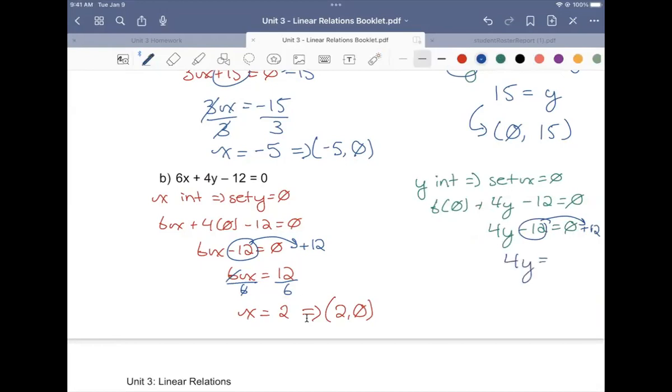So I will get 4y is equal to positive 12. If I divide both sides by 4, that means I will get y is equal to 3. So my y-intercept is 0, 3. Awesome. So that's everything for today's lesson.